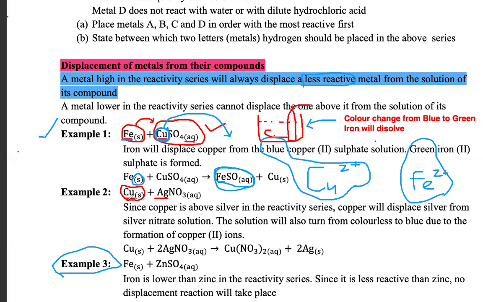When this reaction is initiated, where copper is to react with silver nitrate, and we know that copper is more reactive than silver, what do you think is likely to happen?